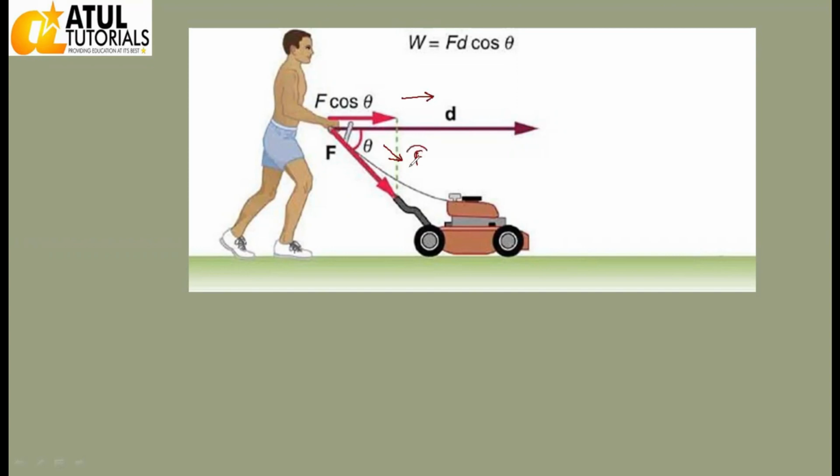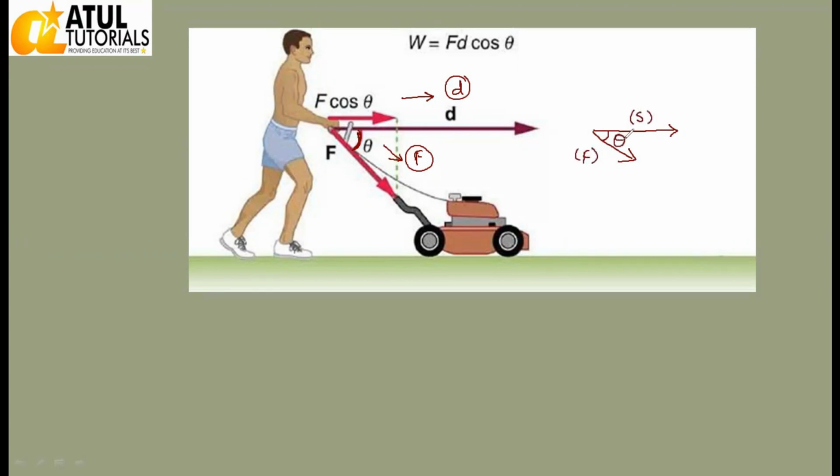So force is also there and displacement is also there. But यहाँ पर इन दोनों में एंगल है. The force is applied in this direction and the displacement is in this direction. So there is an angle between force and displacement.